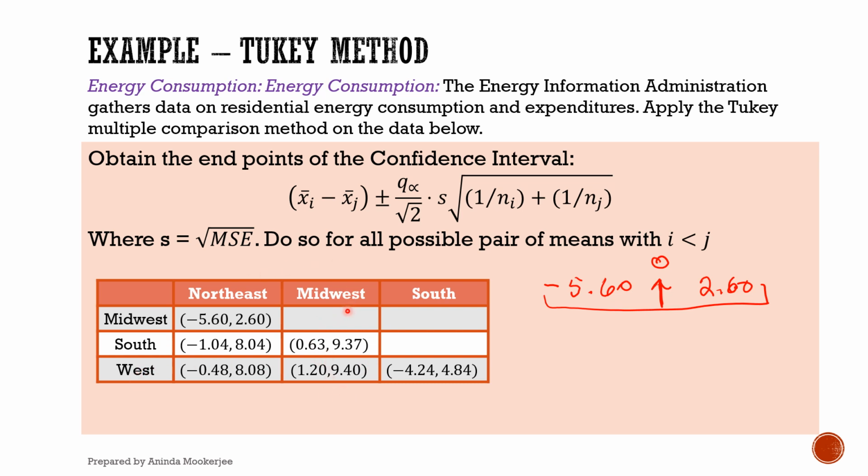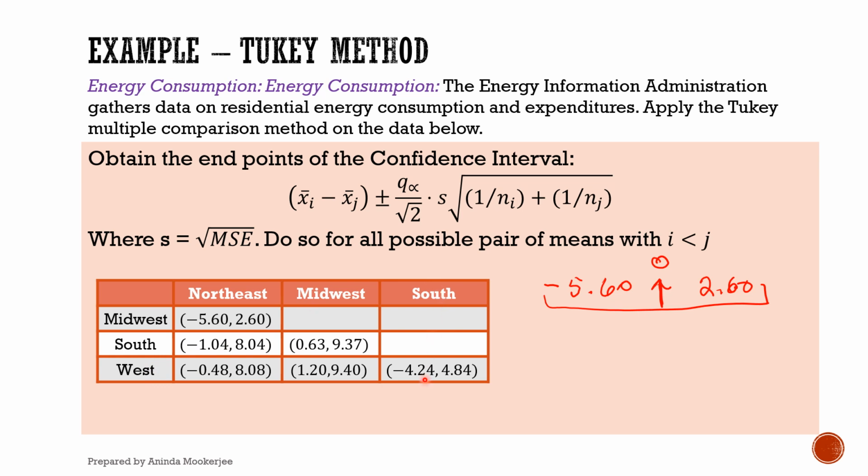West and Midwest too, it's the same situation. We have two positive endpoints. There's no difference in their signs, so it doesn't contain a 0 in this interval. Therefore, the conclusion is that they are different.